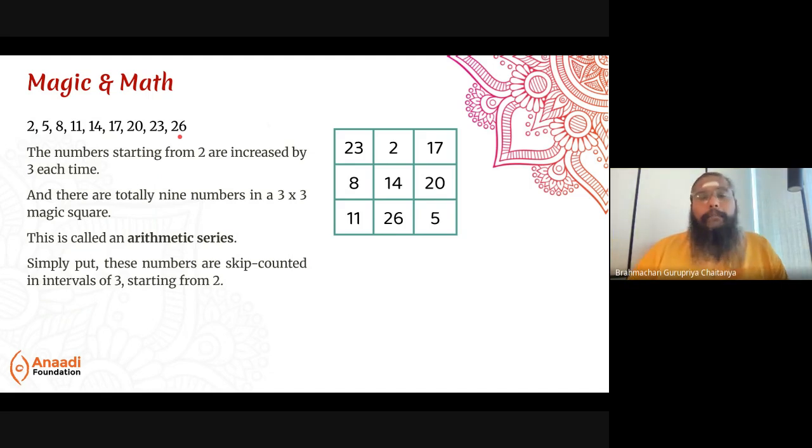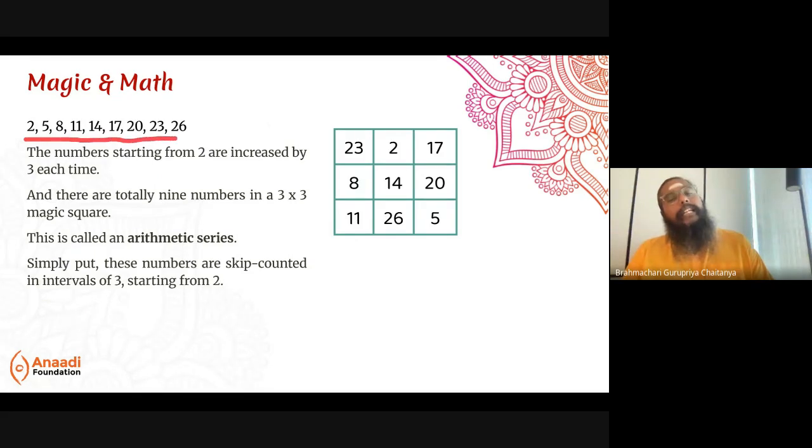These are the 9 numbers that have been used to fill this 3 cross 3 grid. We can see that these numbers are in an arithmetic series. There is an A and a D.